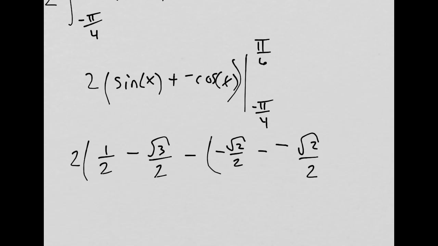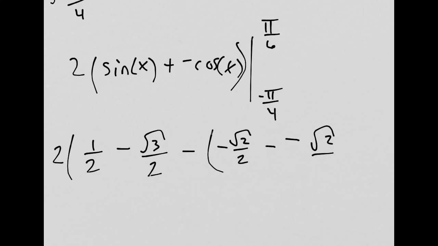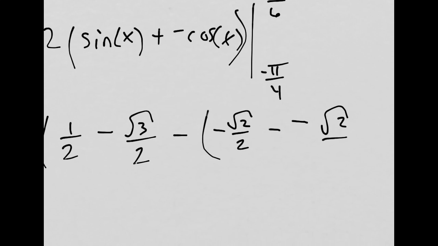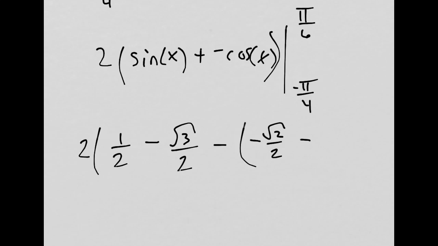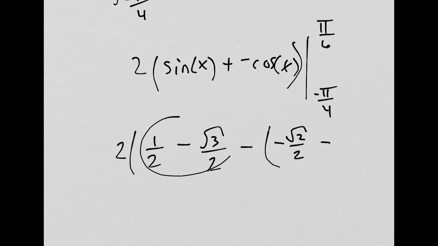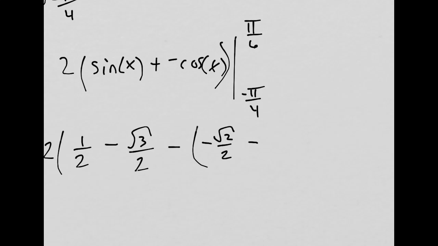So this is when I plug in pi over 6, and this is when I plug in negative pi over 4. So I get a negative there, just the one negative. And then cosine of negative pi over 4 is still root 2 over 2.